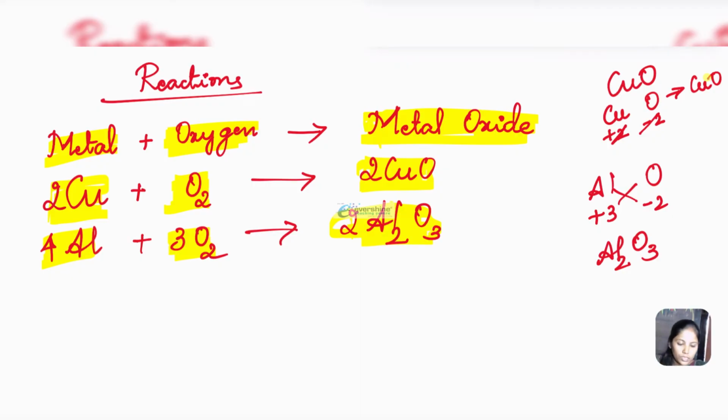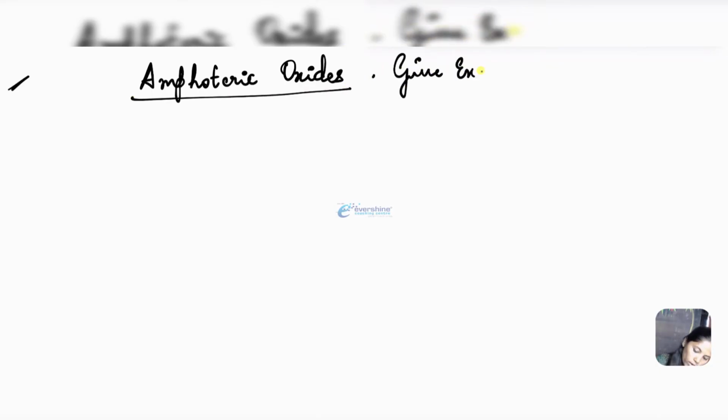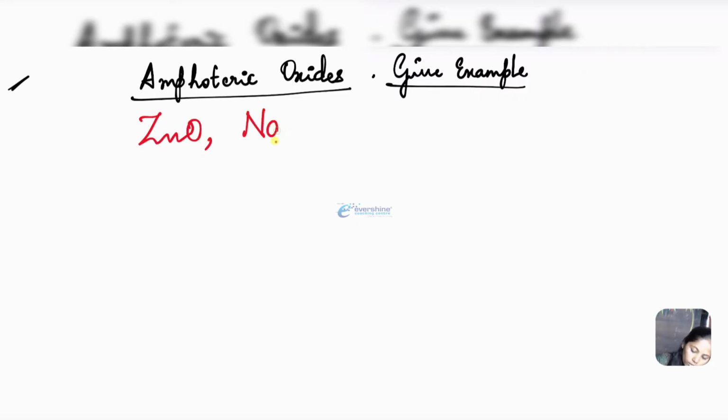Another important question they'll ask you here is about amphoteric oxides. Very important for the exam. What are amphoteric oxides? Give examples, they'll ask. Amphoteric oxides means there are some oxides like zinc oxide, sodium oxide, potassium oxide or aluminium oxide.